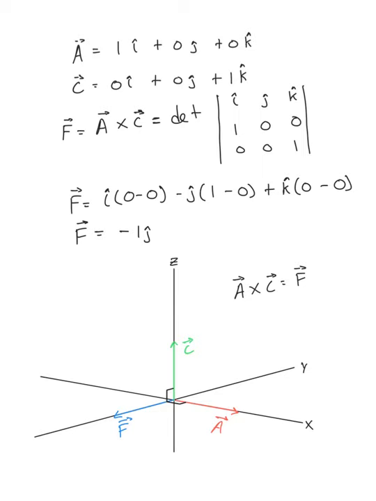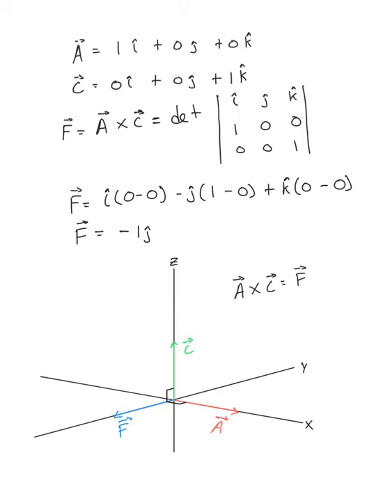So in this case, our matrix has a second row of 1, 0, 0 and a third row of 0, 0, 1 for A cross C. Now we can use our same determinant calculation in order to calculate the cross product of A cross C. And what we find is that the F vector, the result of A cross C, points in the negative j hat, the negative y direction, just as we would expect from the right-hand rule.